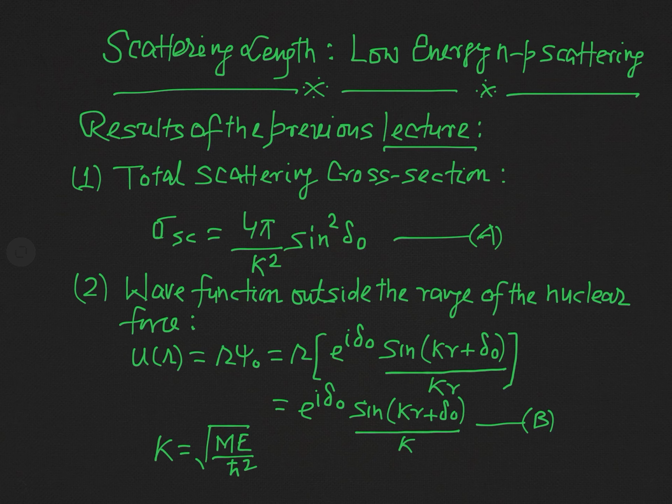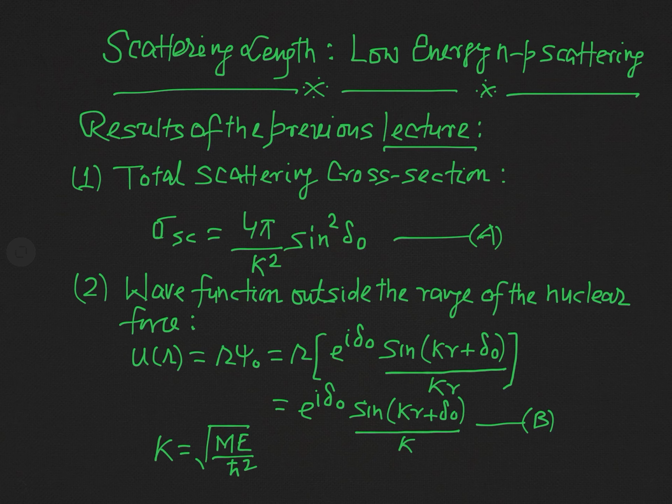So this u of r will be equal to what? This r and r will be cancelled out, and u of r, which is the wave function outside of the range of the nuclear force, is equal to e to the power i delta naught sine of kr plus delta naught over k.